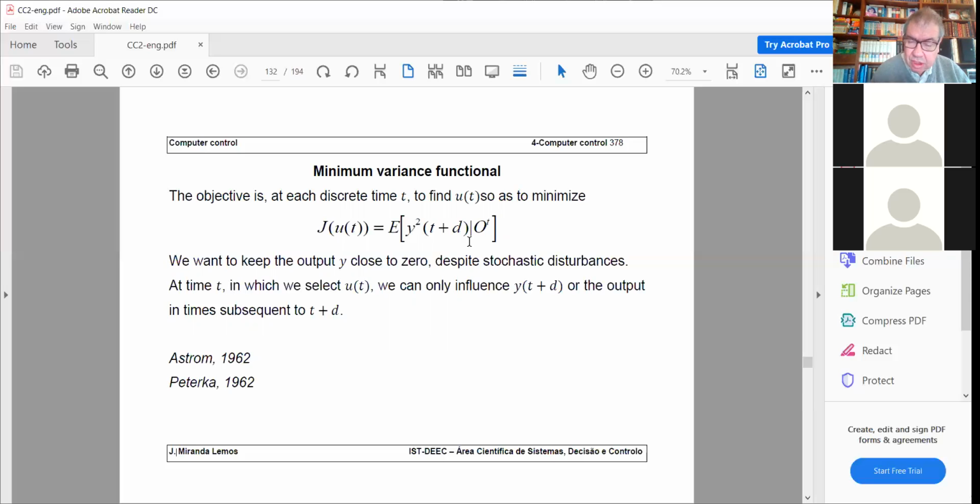But if the zeros are outside the unit circle, then they mirror the position of the zero with respect to the unit circle, and they place the poles at the mirror. So the poles are always inside the unit circle with LQ control.